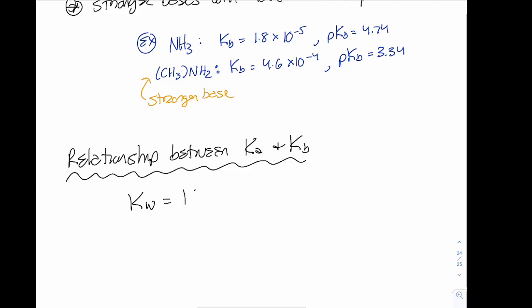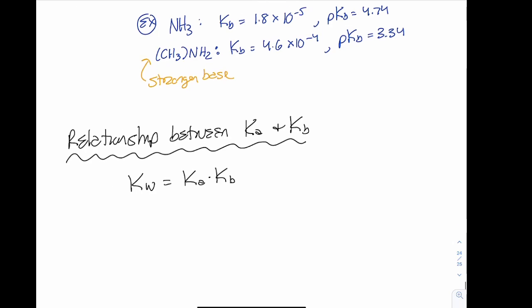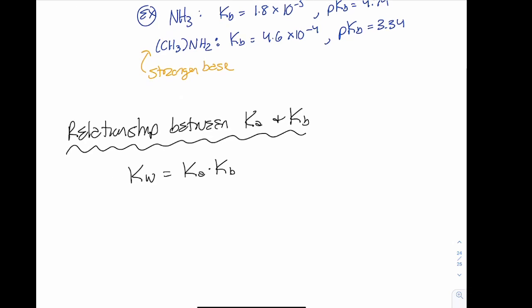So Kw is equal to Ka multiplied by Kb. And then, of course, if we wanted to take the pKa and the pKb and the pKw, I get that 14.00 is equal to pKa plus pKb. And that can be a useful relationship.